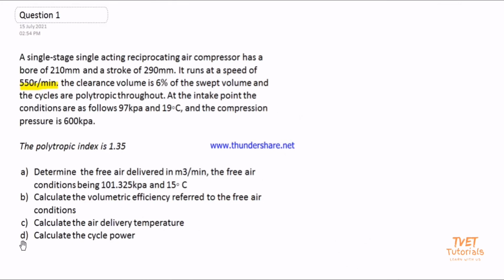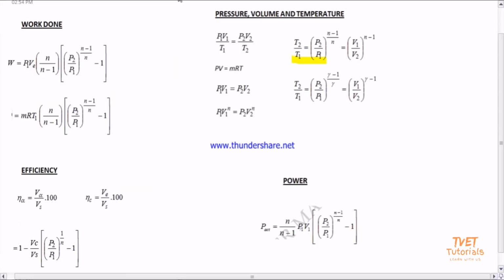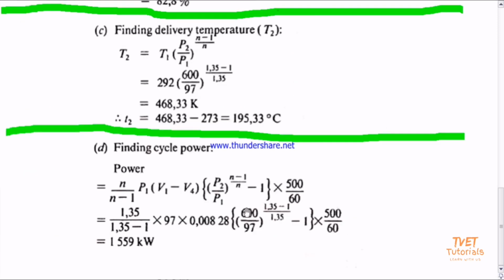And then the last question, number D, says calculate the cycle power. So calculating the cycle power, we're first going to select a suitable formula. The actual power, we're going to use this formula. Then we substitute the values that we have.